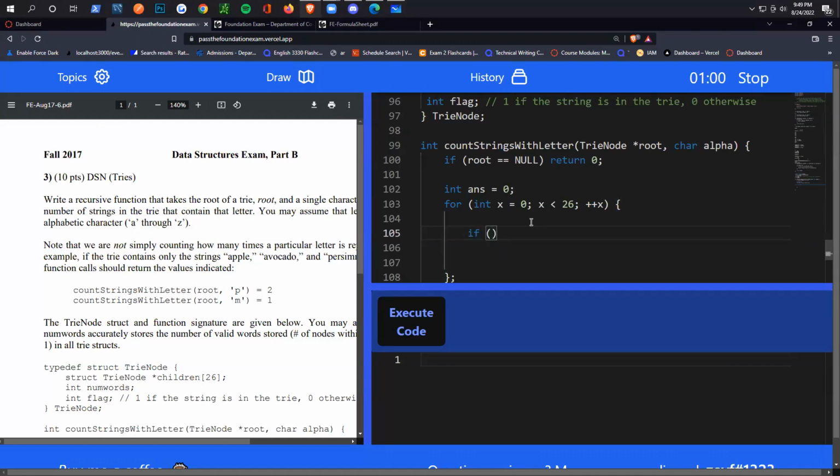So let's just check if x equals. Remember, x represents whatever index in the alphabet you're at. So if x equals, and more importantly, well, actually, it's all lowercase, so 'a' plus x.